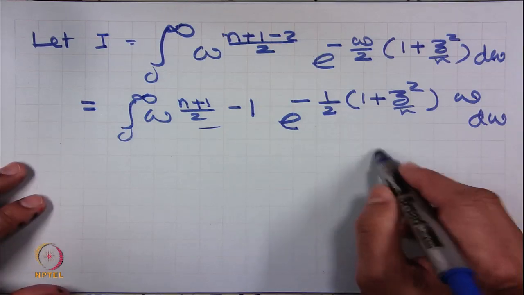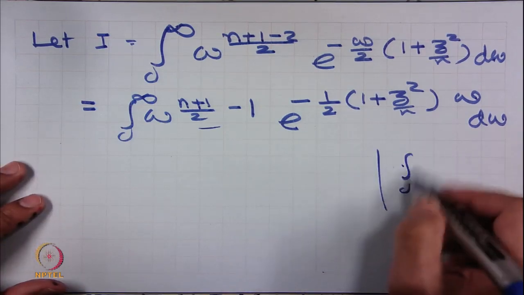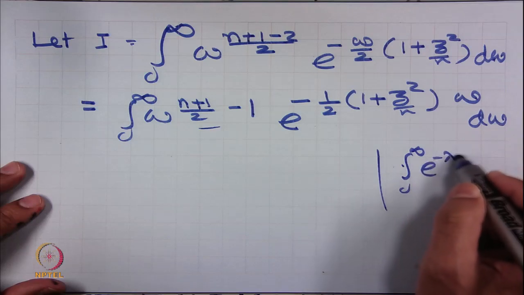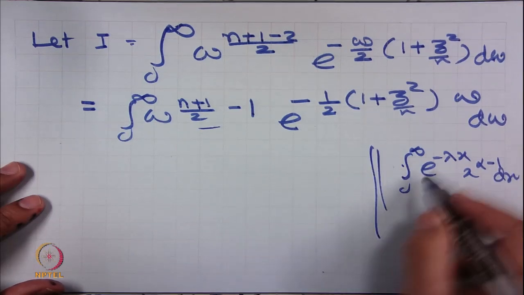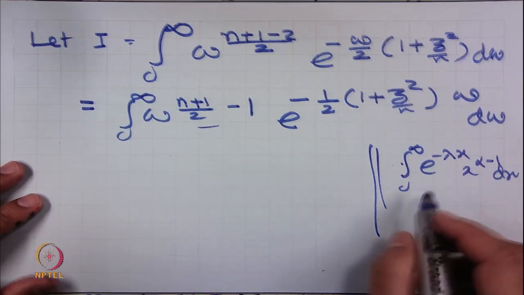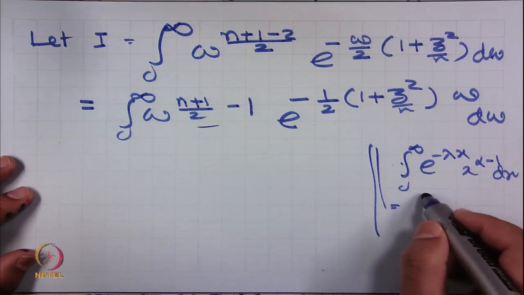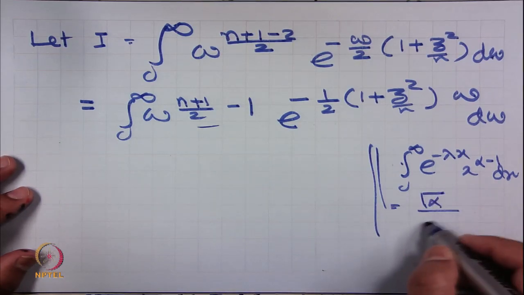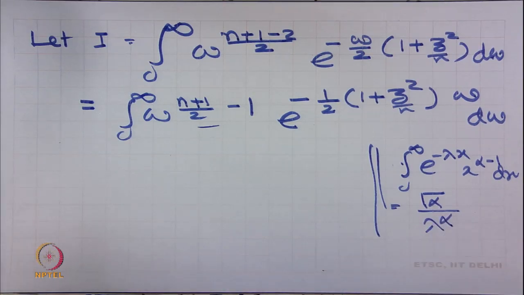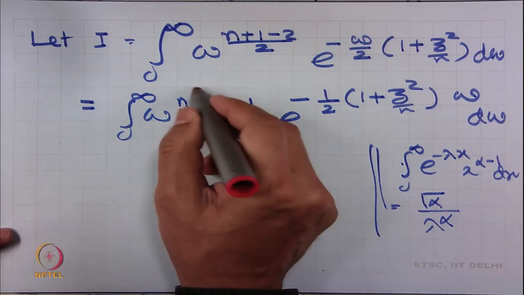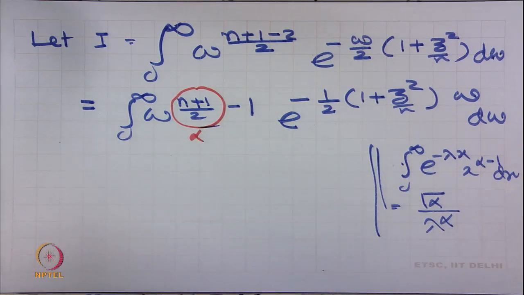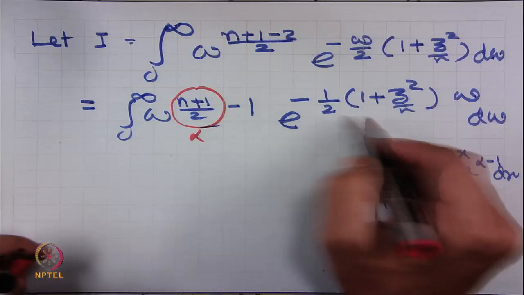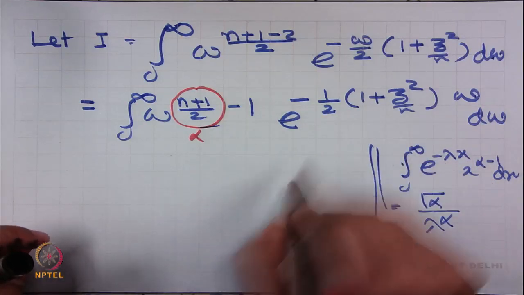And we know that e to the power minus lambda x into x to the power alpha minus 1 dx integrates to gamma alpha upon lambda power alpha. So, we are going to use the same thing. Here alpha is equal to n plus 1 by 2, and here lambda is equal to this whole thing.